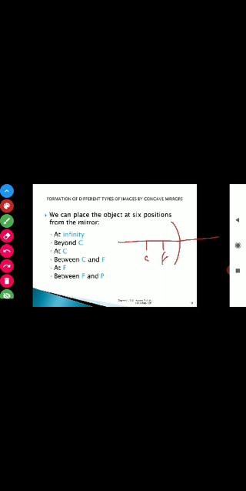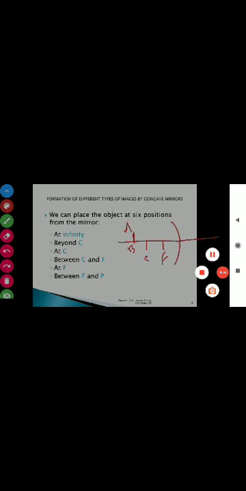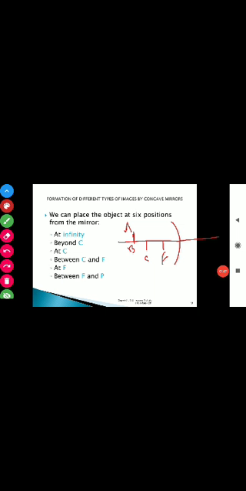in the last video we discussed the case beyond C. Beyond C means when our object is here, if our object is at this position, then we say that it is beyond C. So we discussed that there will be two rules used.